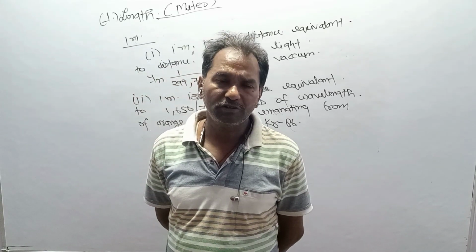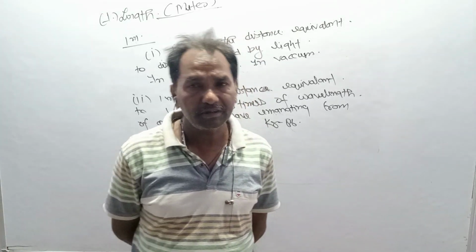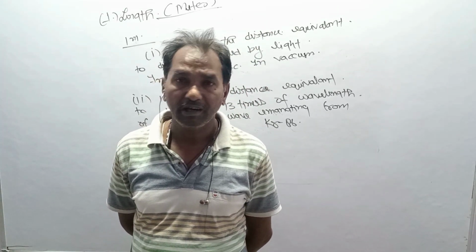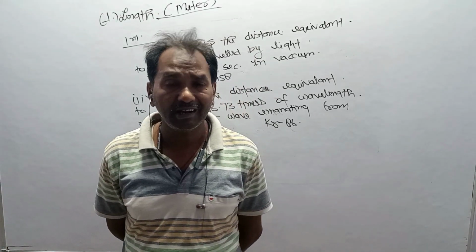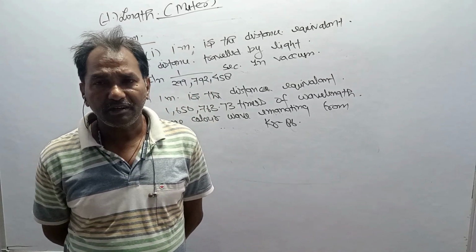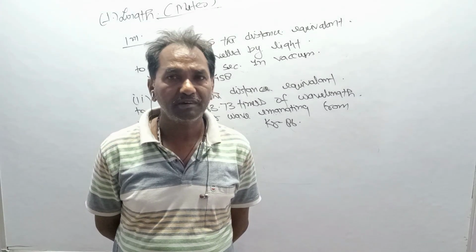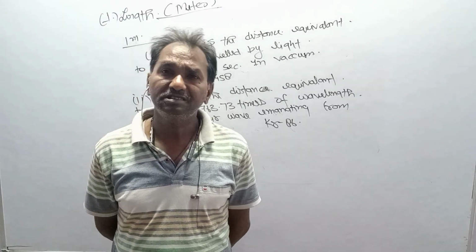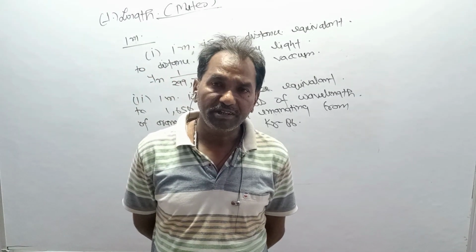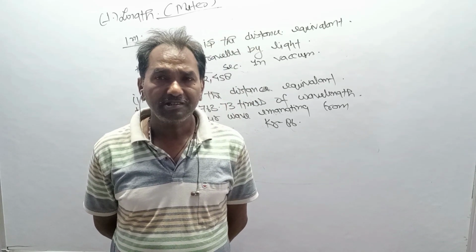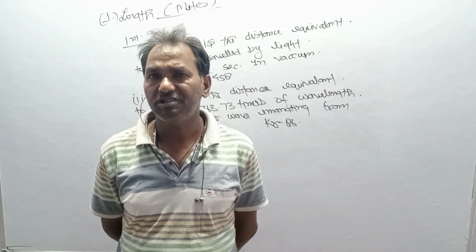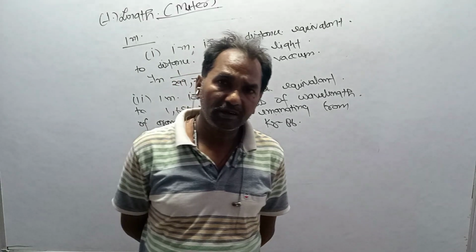Now the question will be, why do we consider platinum and iridium alloy? Why don't we consider another alloy? Simply because the coefficient of linear expansion for platinum and iridium alloy is very little. So with the change of weather, there is very little chance of the length of the rod changing.